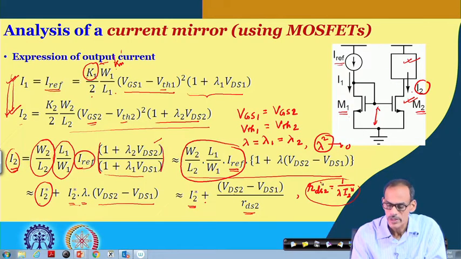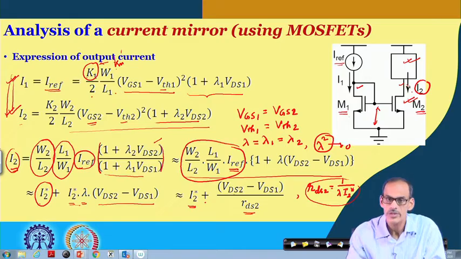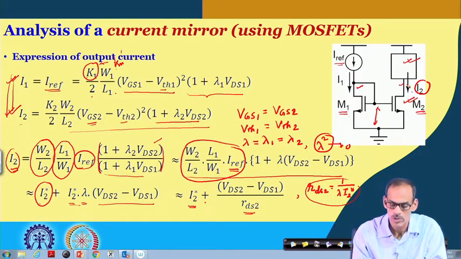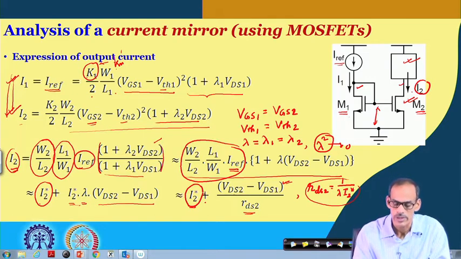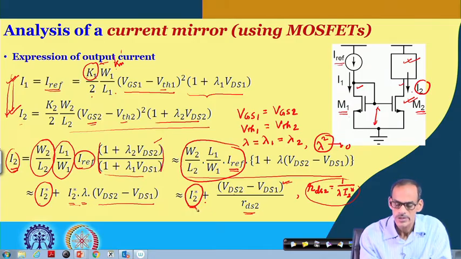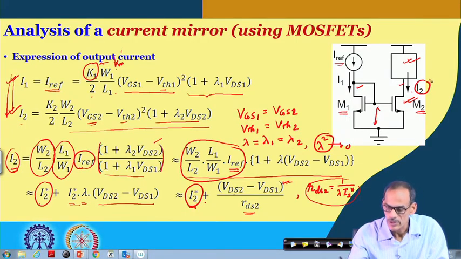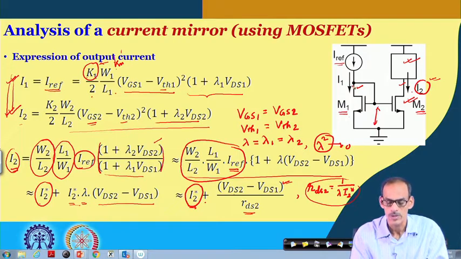So, we can say that if the voltage here and the voltage here, namely the drain voltages of the two transistors, are equal, that makes this part equal to 0, and hence I 2 is nothing but I 2 star. So, we can say that I 2 star is the current of transistor 2 when the two drain voltages are equal.